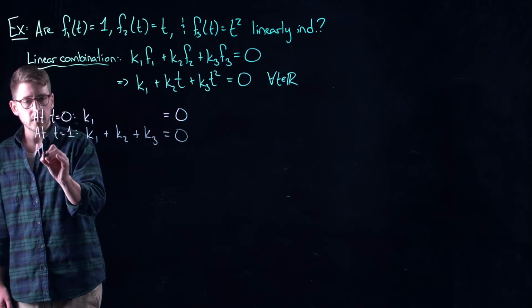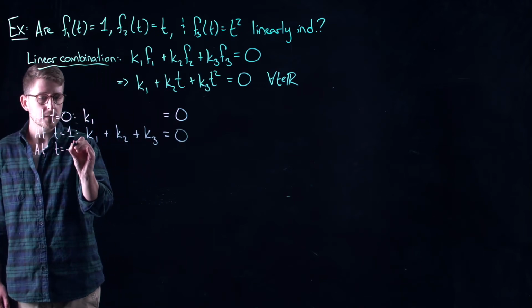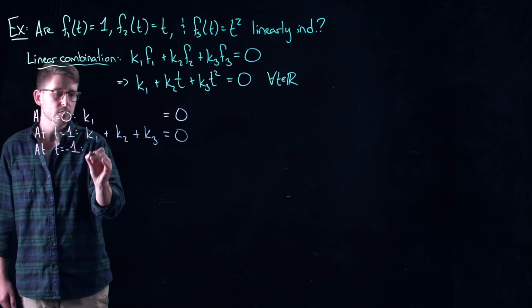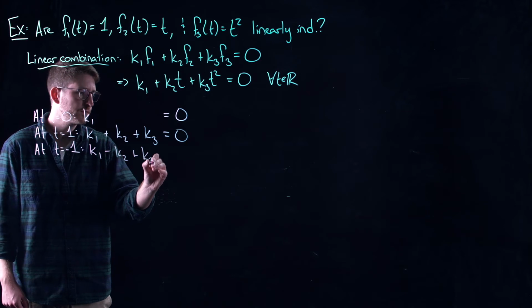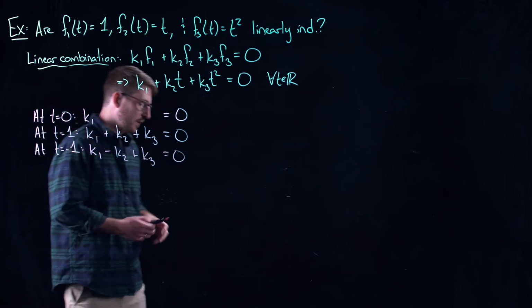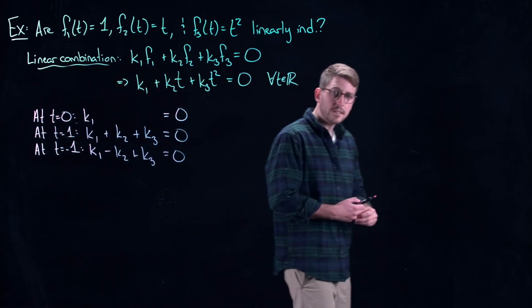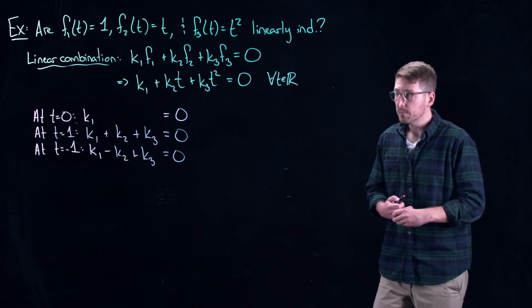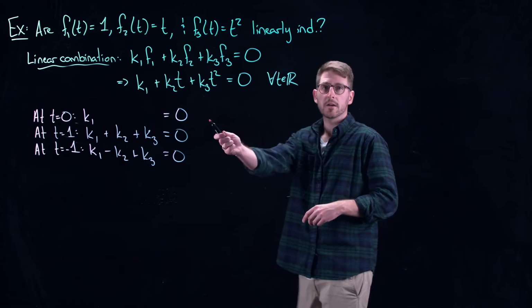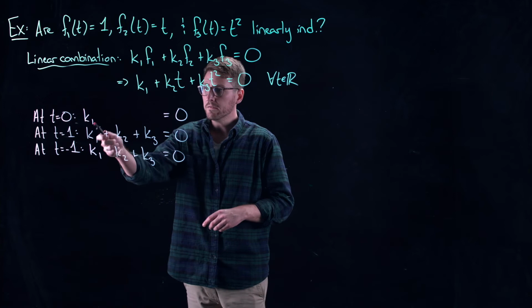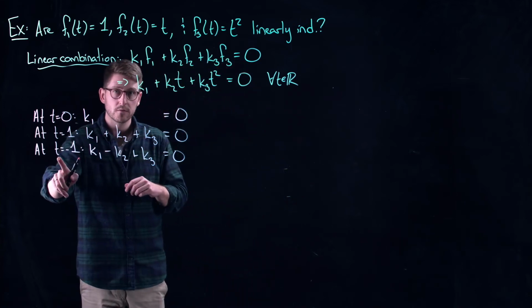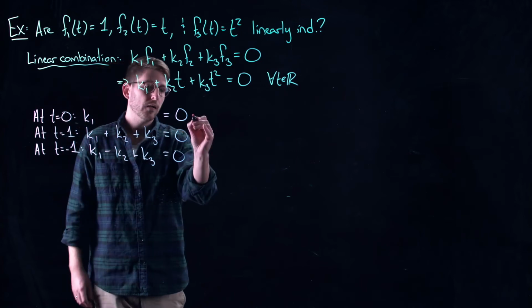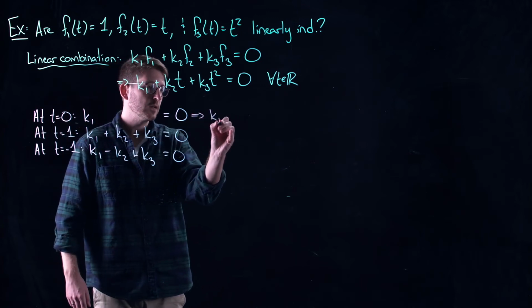And I'm going to pick 3 different t values, so I'm going to use -1 now. I get k1 minus k2 plus k3 is equal to 0. If these things are linearly dependent, I should be able to find values for k here, and they have to hold for all of these t values. Well, clearly this gives me k1 is equal to 0.